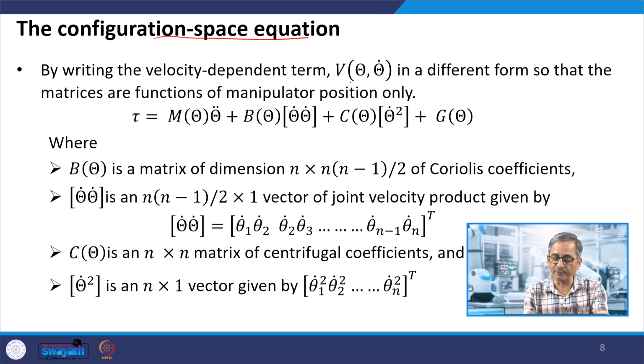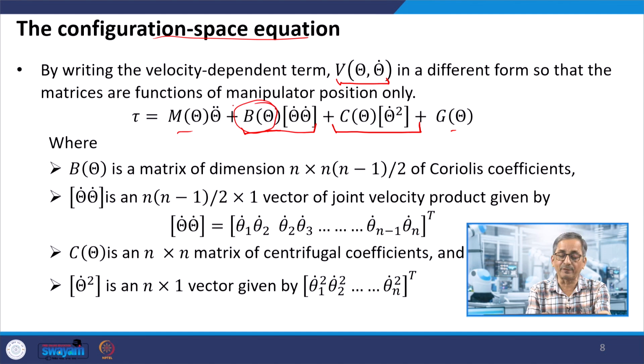So, in configuration space equation, this v theta theta dot I am writing basically as two separate terms here, that is b theta into theta dot and c theta theta dot square, okay, and these are the same term. So, here basically what I am doing is I am making this term only function of theta as well as this term only function of theta, okay.